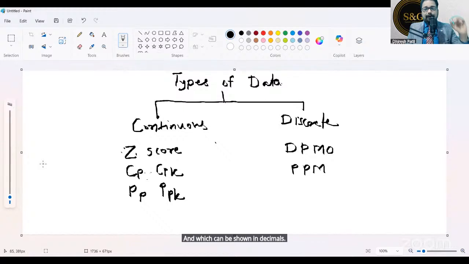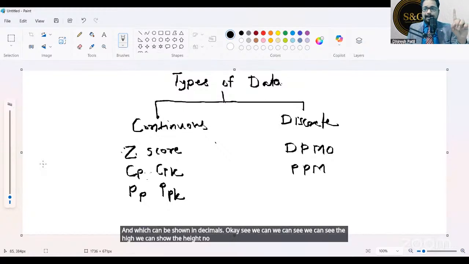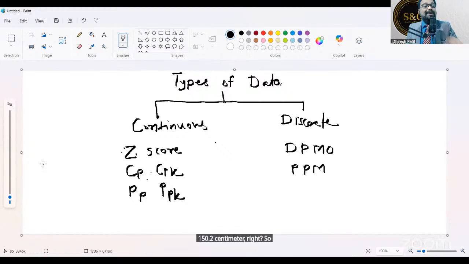We can show the height, no? Like 150.5 centimeter, 150.1 centimeter, 150.2 centimeter, right? So on a continuous scale, we can measure it. See, continuous data is measured and discrete data is counted. How many pieces you produce, how many pieces were defective. That is count data.